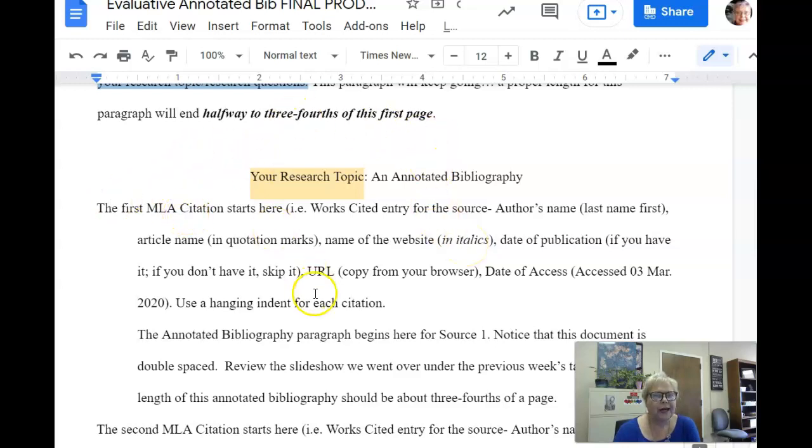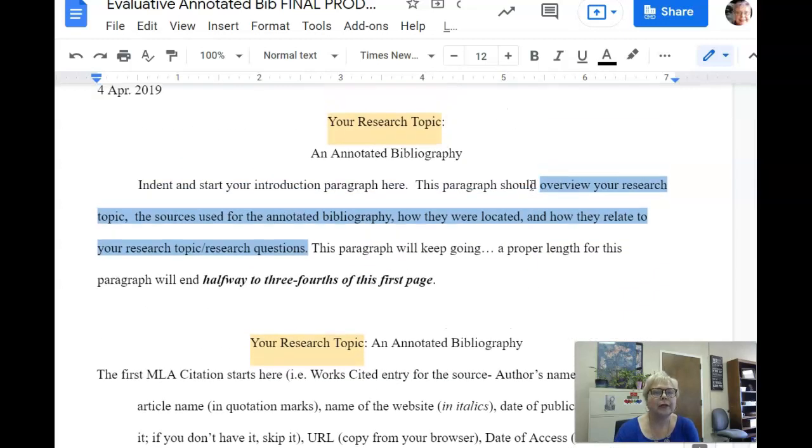When you finish your introduction, then we're going to go back and name, just like Works Cited, we're going to call it whatever your research topic is, colon, and annotated bibliography. So we're going to put the title in there twice.